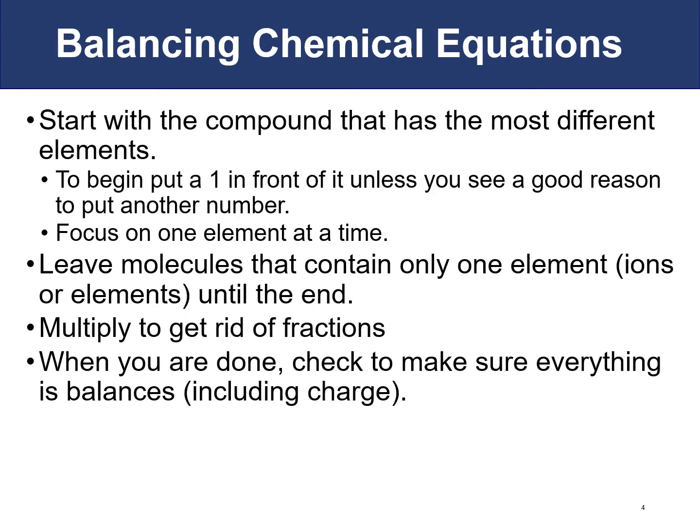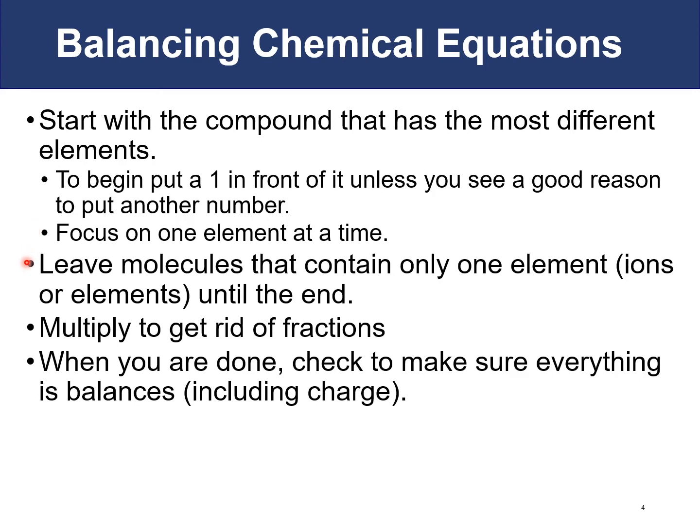While there are many different methods for balancing a chemical equation, we will use the following step-by-step method. We will start by looking for the compound that has the most different elements. We will put a 1 in front of it unless we see a good reason to put a different number. Then we will focus on one element at a time, balancing those molecules that contain that element.